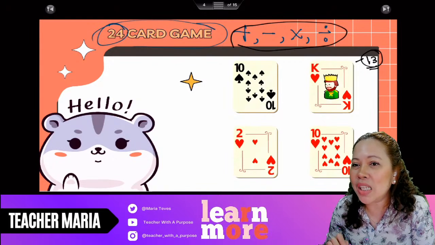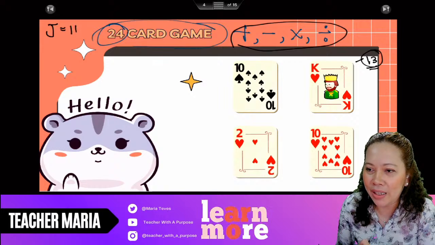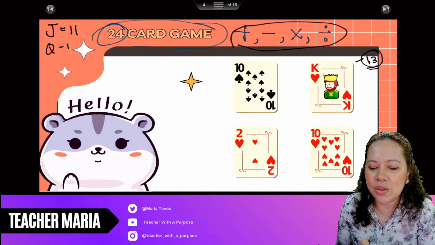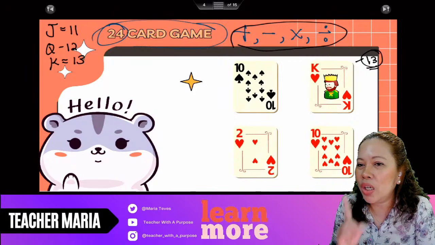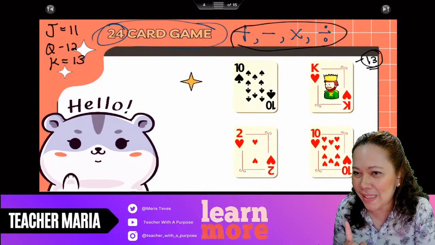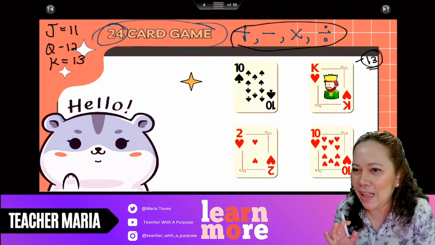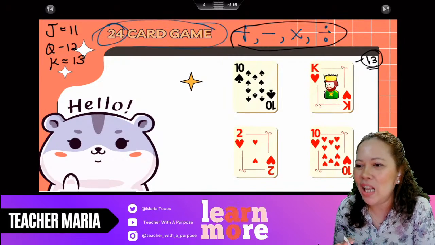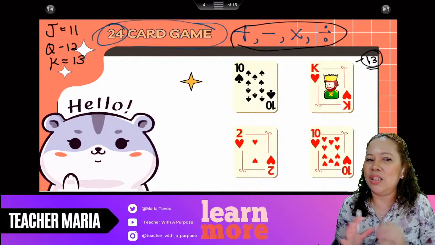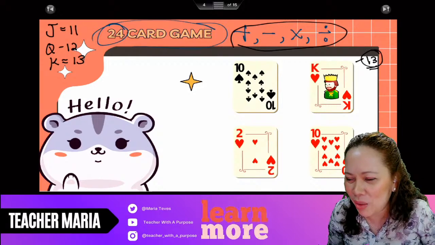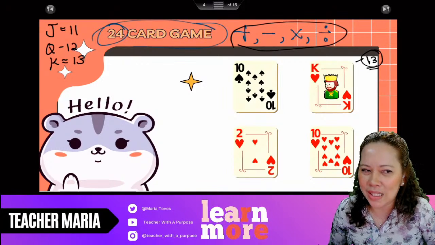You can only use each card once. Jack is 11. Queen is 12. King is 13. You can only use the card once. You only use the addition, multiplication, division, and subtraction signs. You can do grouping. You can group together, and then you can do whatever you want. Not exponents, okay?